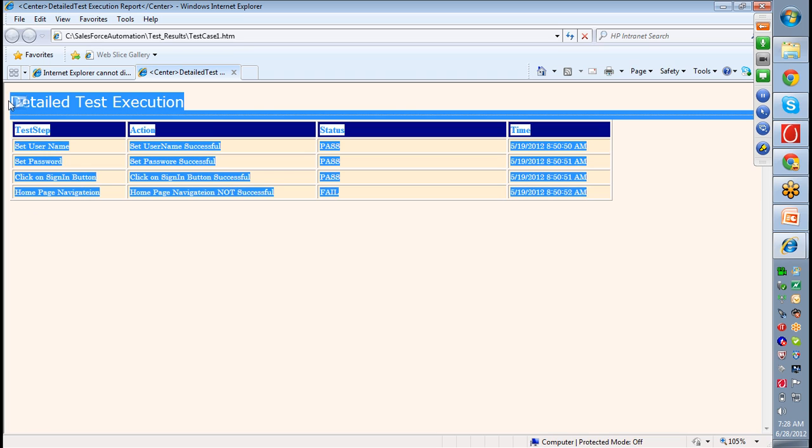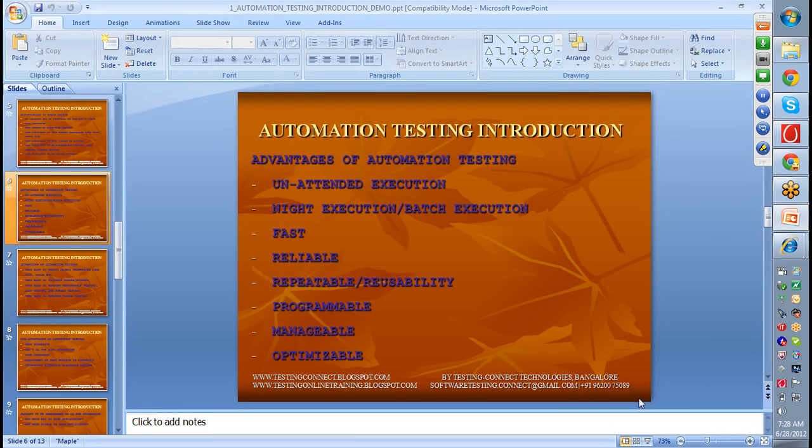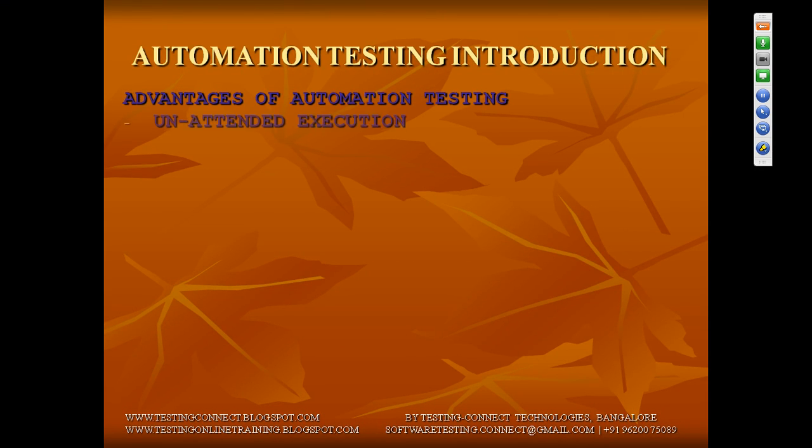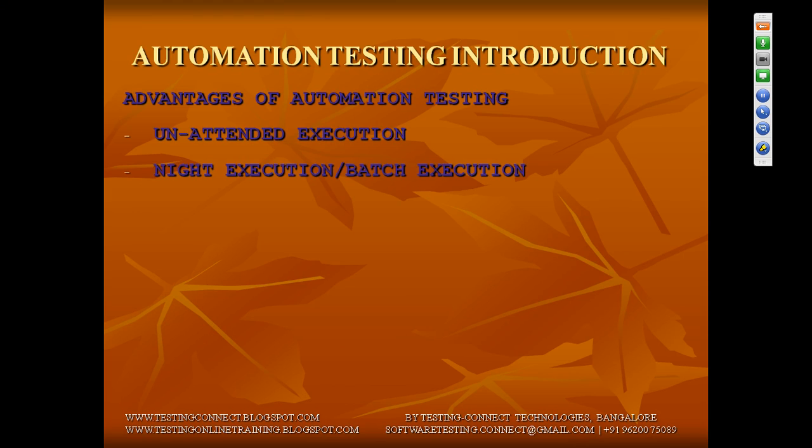So this is the kind of results it generates while executing. This you can consider as unattended execution. Unattended execution means you don't touch anything manually; your automation framework takes care of each and everything.